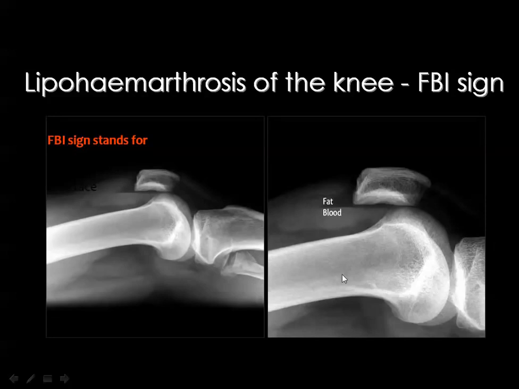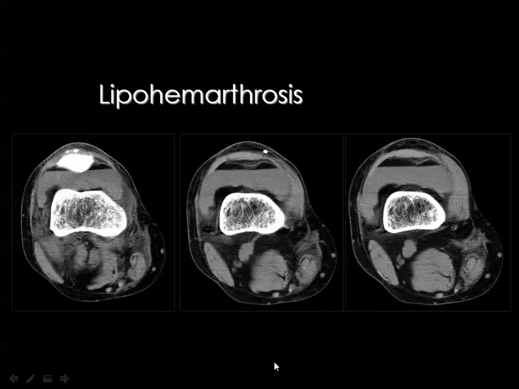In cases of trauma, there may be joint effusion or maybe hemarthrosis. But sometimes, if you look at the density of the fluid, you may suspect that this may be blood rather than effusion. And this is lipohemarthrosis by CT. You see the fat fluid level or the fat blood interface within the suprapatellar area.